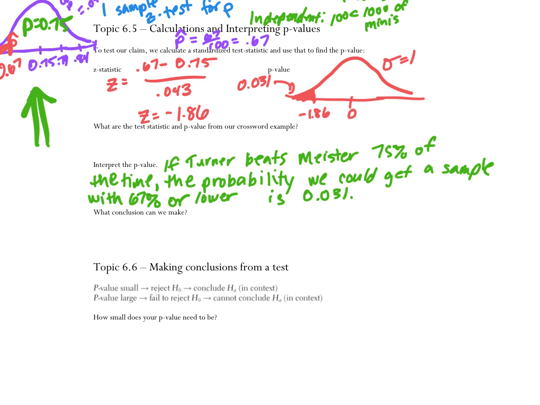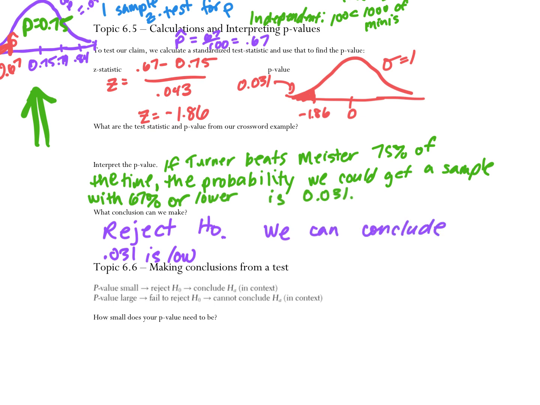So, would you guys call 3% unlikely? Yeah. 0.031 is a low p-value. And if I reject the null, we can conclude Turner is overstating her abilities.